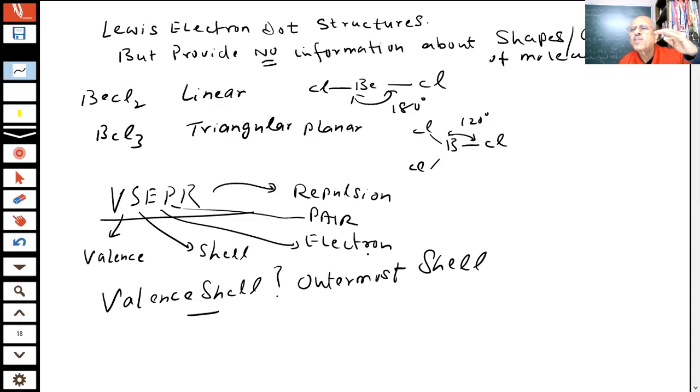Lower energy means there should be less repulsion between the electrons. The minimum repulsion should be there, and the shape will be like that if we are able to calculate, students, the total number of electron pairs in the valence shell of the atom which is forming bonds with other atoms. Then we can propose the shapes of the molecules using this idea. I hope you understand what I am saying. What we are saying, the electrons will repel.